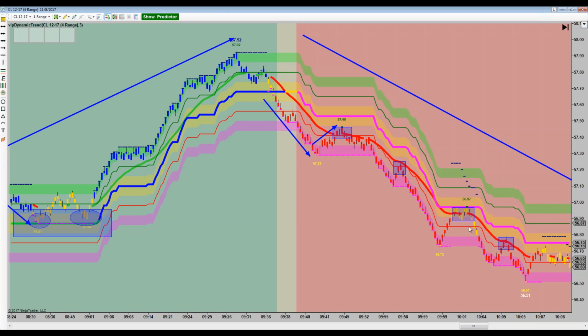See that? Sometimes they come right to the midband, sometimes they don't. Sometimes they'll actually go through it. Yeah, that's what we like. We like the midband, but sometimes you have to be flexible and look for other ways to get in.